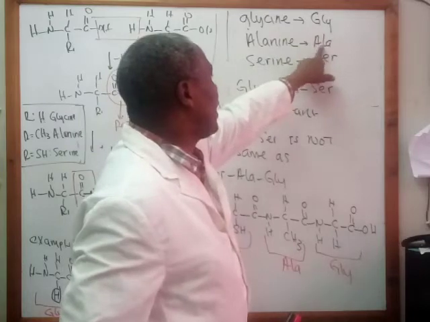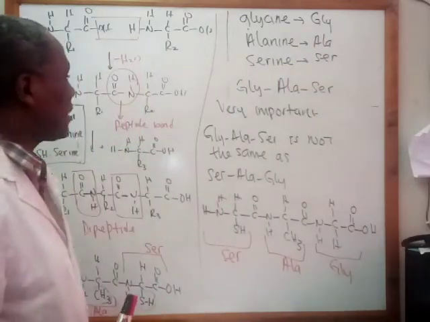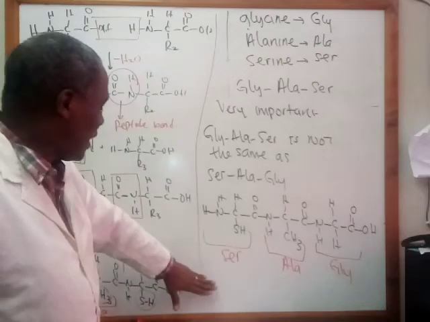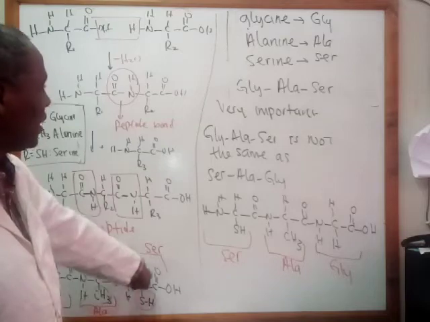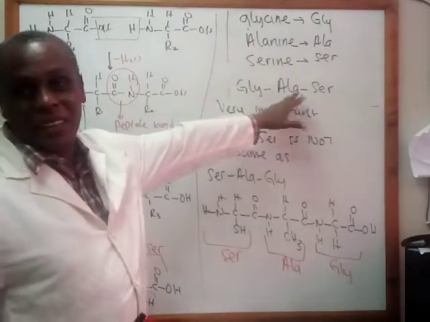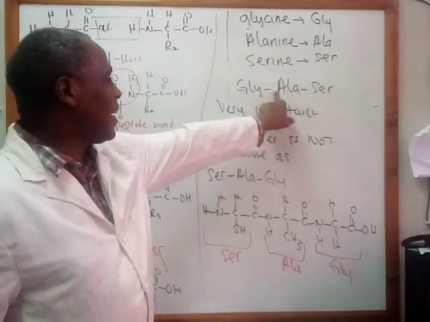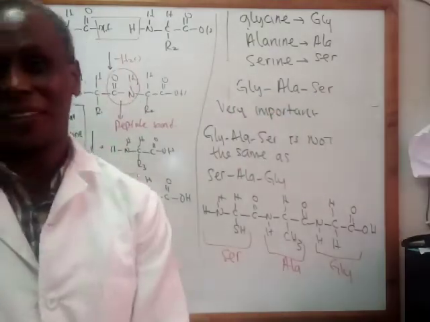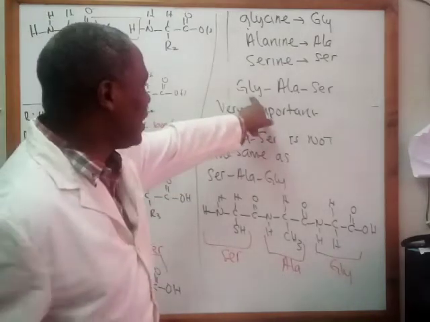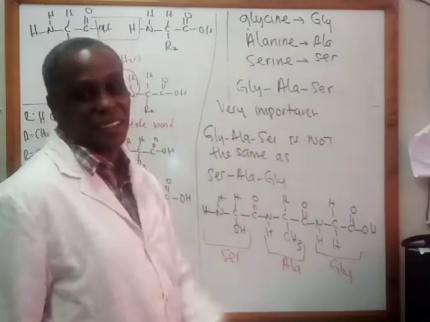Alanine is called ALA, and serine is called SER. So this tripeptide, whereby glycine is joined to alanine is joined to serine, is going to be represented by the three-letter notation GLY-ALA-SER. Can you see it contains glycine joined to alanine joined to serine.